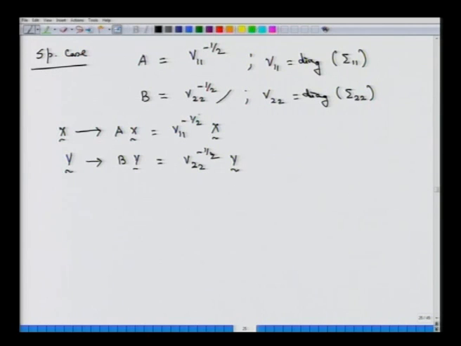Now, what is the covariance matrix of this? It would be V 1 1 to the power minus half sigma 1 1 times V 1 1 to the power minus half. What will that be?